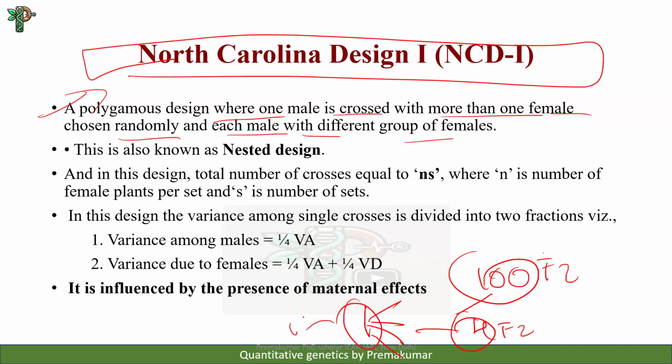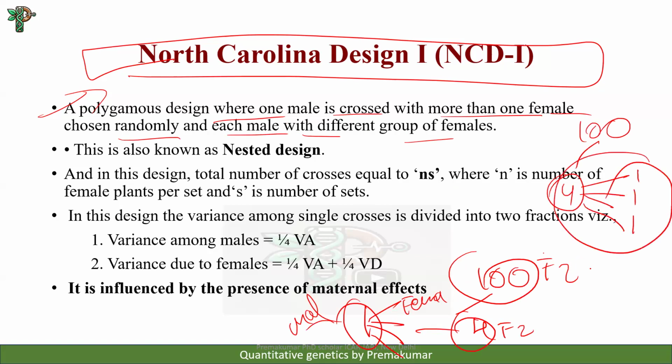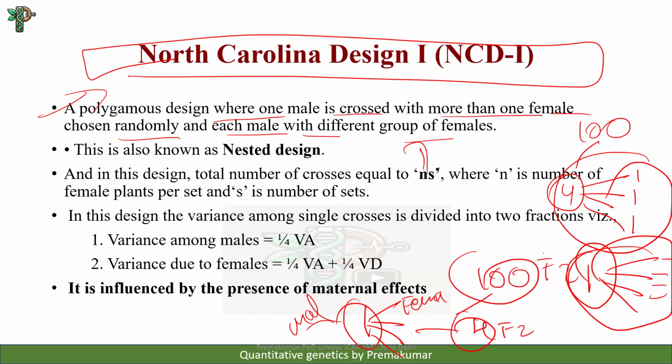Some you regard as male and some as female. Here, for example, you have 100 F2, so 4 are regarded as male and you make crosses, you can create one set. Another you regard as male, crossed with another set of females, that is another set. Here N is the number of males you are designating and S is the number of sets. The total number of crosses is N into S.